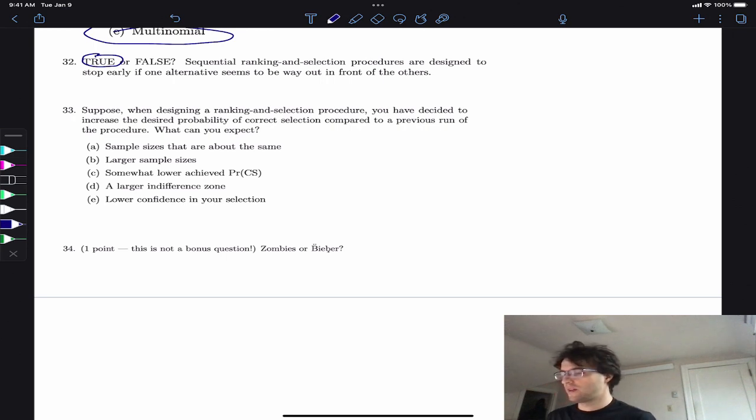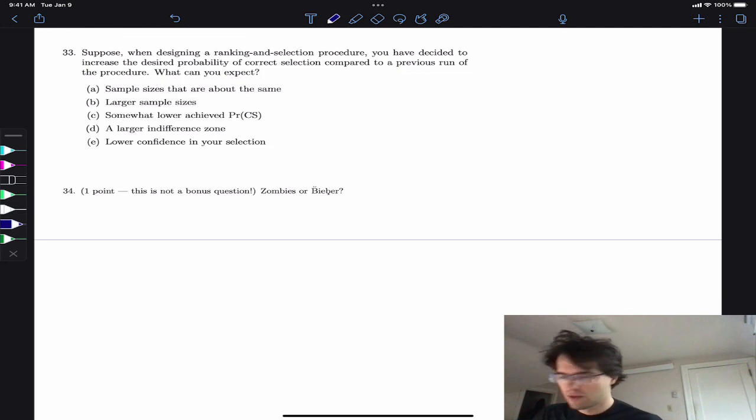They might actually give you numbers and tell you the n star number of samples that you need, and then ask, should we stop early or should we keep going? So this question could be asked in a number of different forms. Just be expecting that.